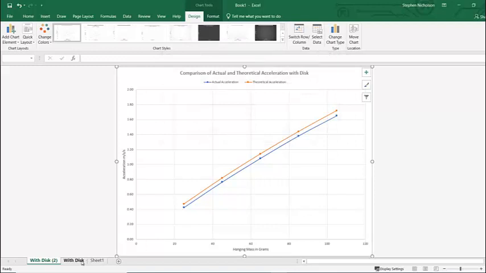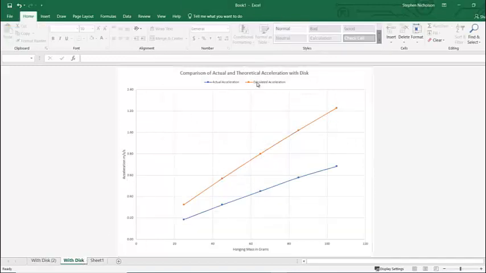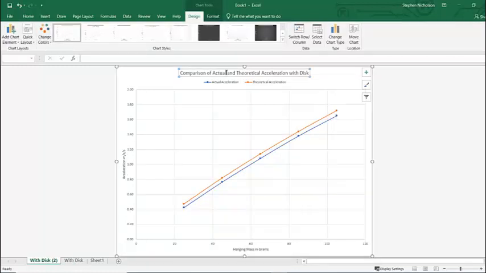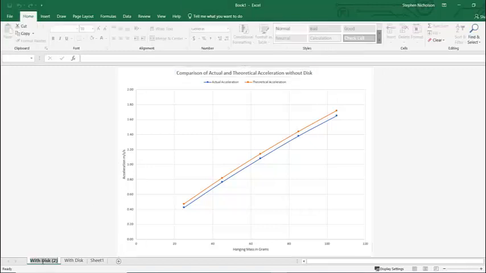So let's compare the two graphs now. Actual acceleration, calculated acceleration, hanging mass. Okay. So the only thing we need to do is we need to change the title. So we'll click on the title and we'll say without disk. So let's go to the title here down on the tab. So let's say without disk.